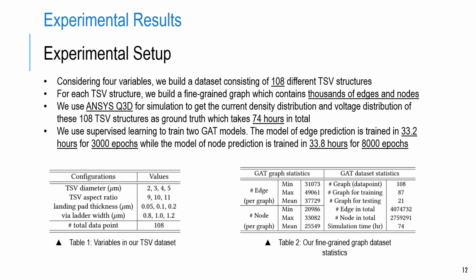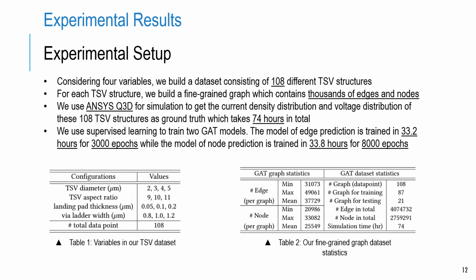The statistical summary is listed in Table 2. To generate ground truth data, we use the commercial simulation tool Q3D to obtain the current density and voltage distribution for all 108 TSV structures, requiring a total simulation time of 74 hours.